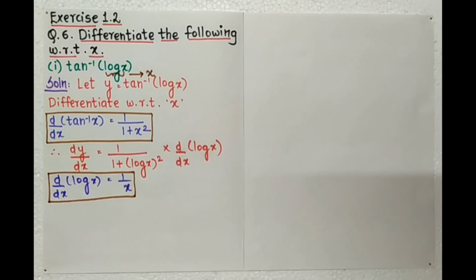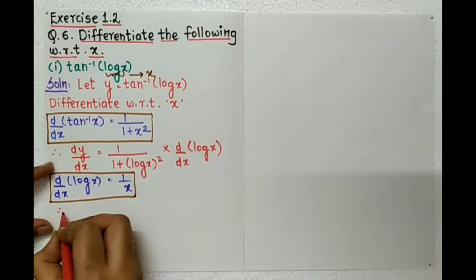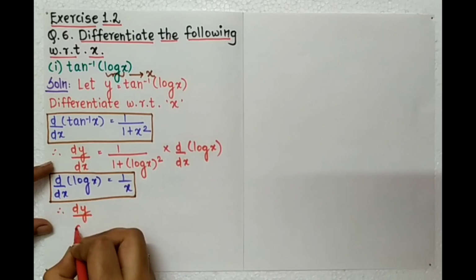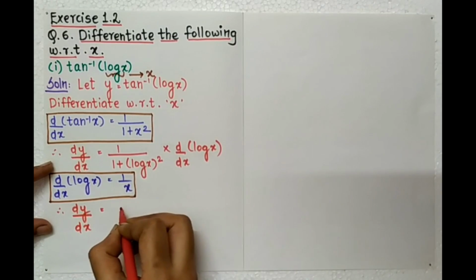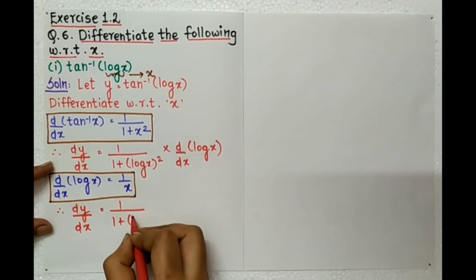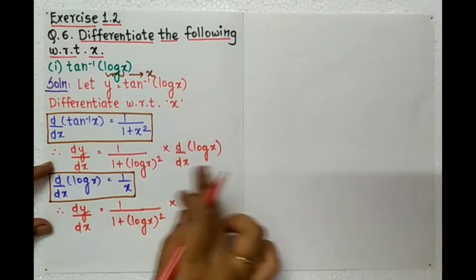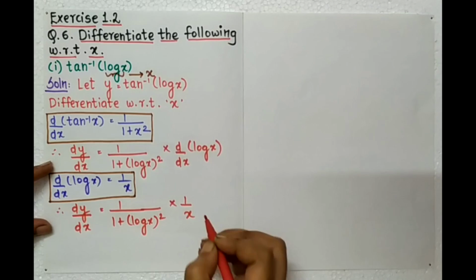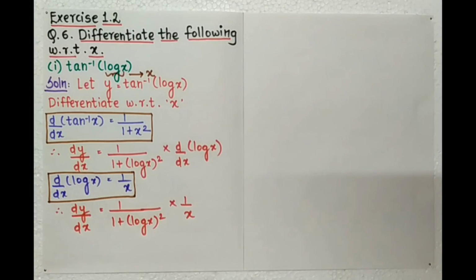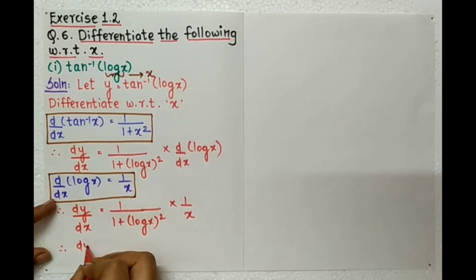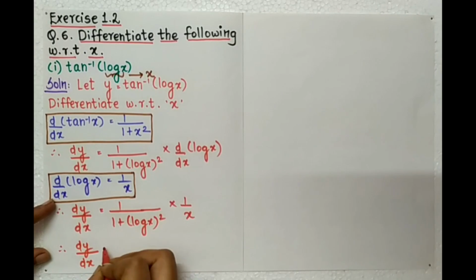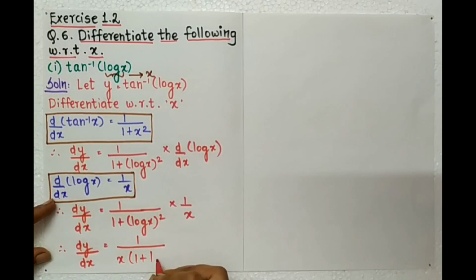So now we can continue further. This becomes therefore dy by dx is equal to 1 upon 1 plus log x the whole square into derivative of log x is 1 upon x. This can be further rewritten as dy by dx is equal to, this x can be taken here, so we get 1 upon x into 1 plus log x the whole square.